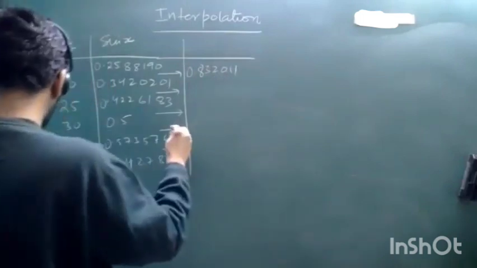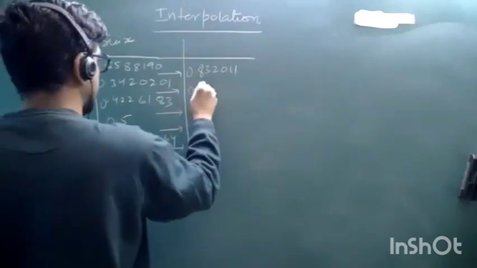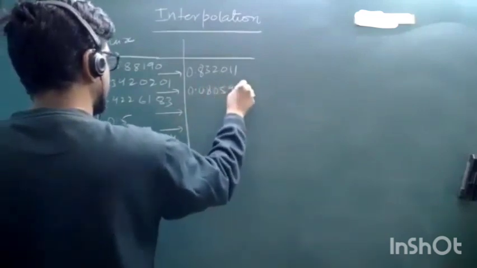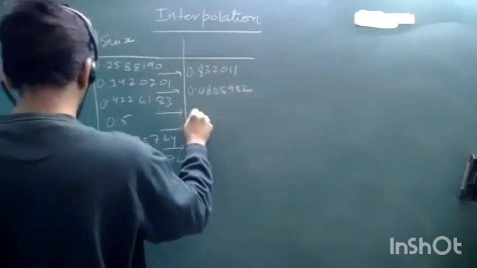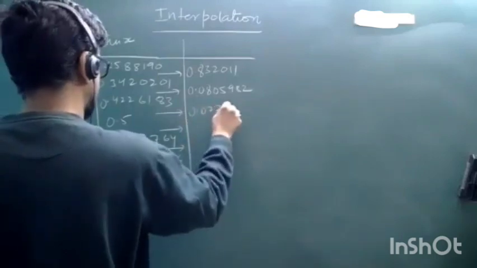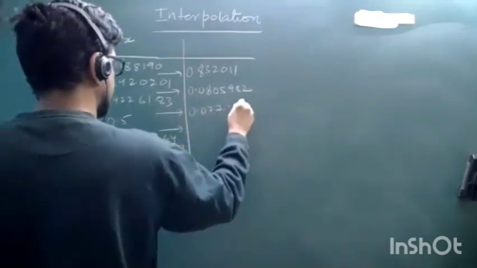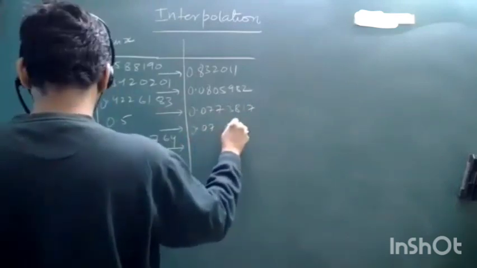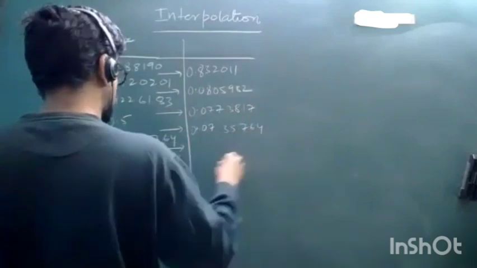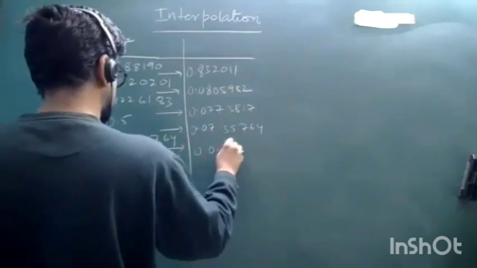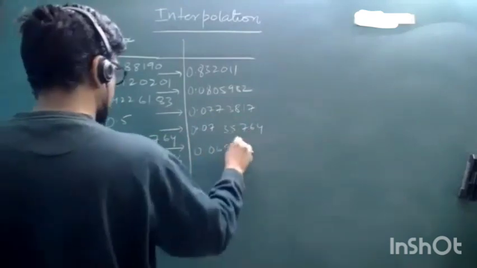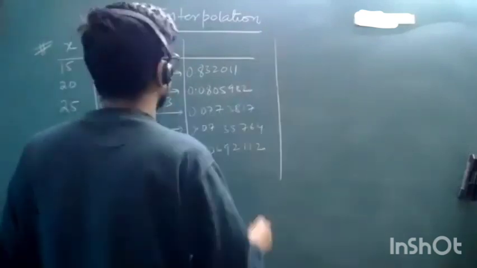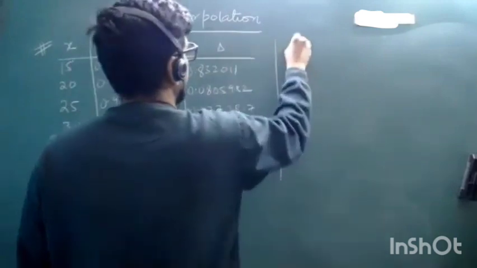0.832011, 0.0805982, 0.0773817, 0.0735764 and 0.06921112. Again, the del square.